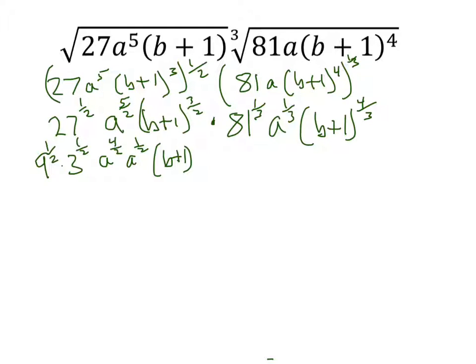Here, let's break this into b plus 1 to the 2/2 times b plus 1 to the 1/2. All right? So I just broke it up into things that I can simplify and things that I can't. Okay? Here, 81 to the 1/3. Well, 81 is not a cube, but there's a 27 hiding in there. 27 to the 1/3.